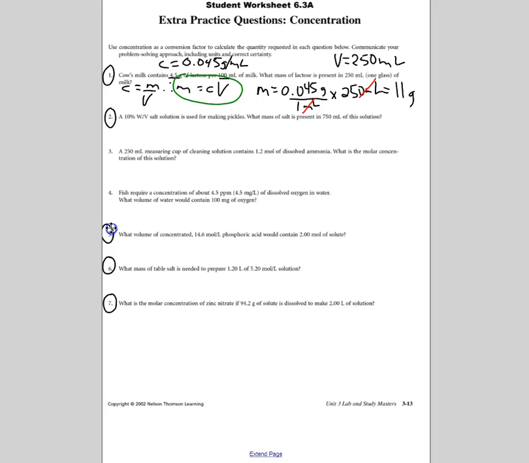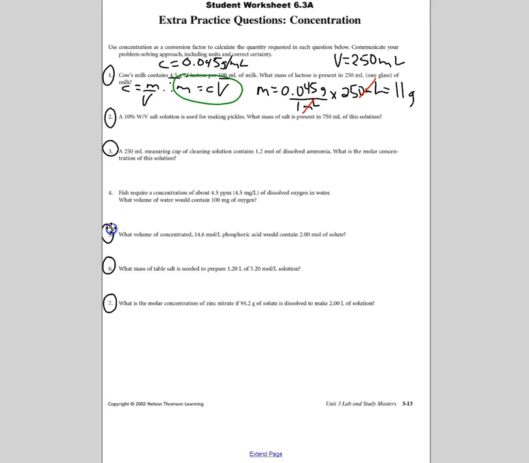So the final type to look at here would be number 4, which includes an unfamiliar unit, which is part per million. Maybe you've heard of this before when you hear in the media about a chemical spill, or a chemical contaminant, or a water treatment center detects the presence of E. coli or nitrate or some toxic heavy metal in water, and they quite often report it as part per trillion, maybe part per billion.